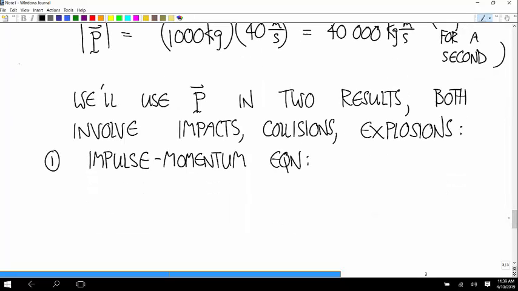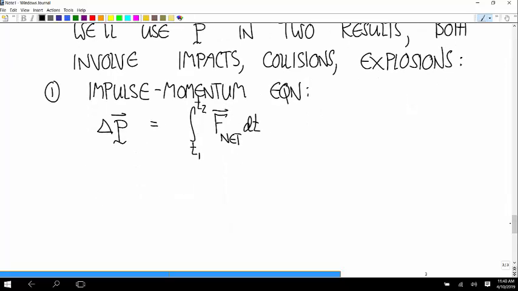And it says that the change in an object's momentum is equal to the integral from time 1 to time 2 of the net force with respect to time. I'll derive that and show you where that comes from. That first one is a relationship between the change in momentum and forces applied.